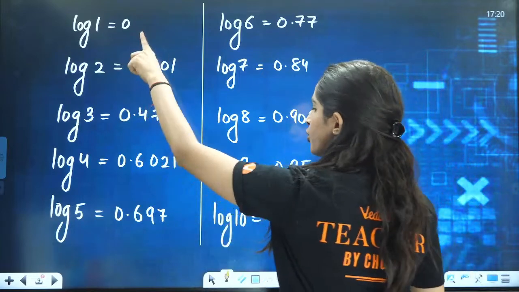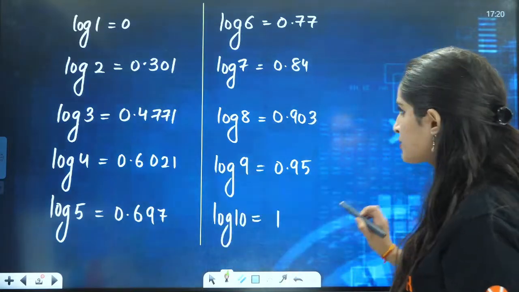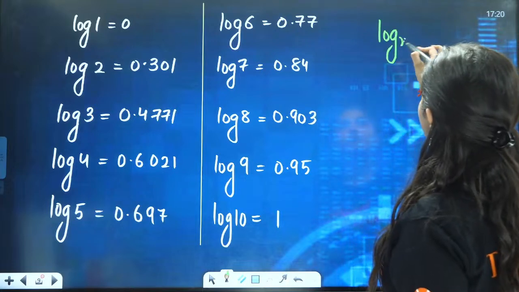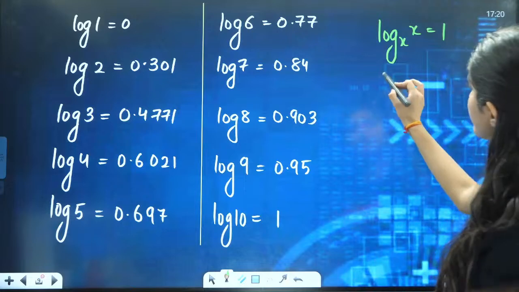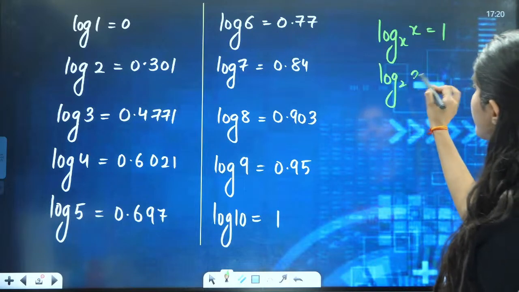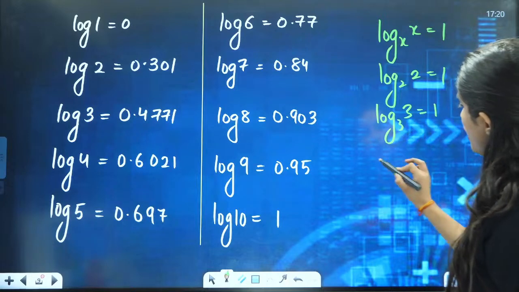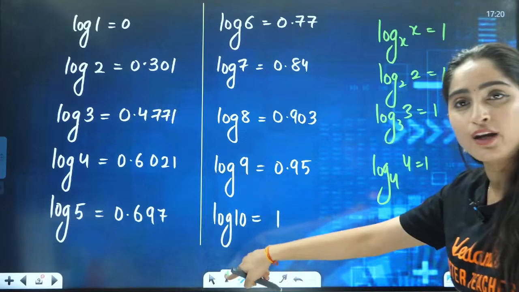So log 1 is 0 and log base 10 of 10 is 1. Now, one more property of log you can write somewhere, that log base x of x is always 1. Log base 2 of 2 is 1, log base 3 of 3 is 1, log base 4 of 4 is 1. So log base 10 of 10 is 1.